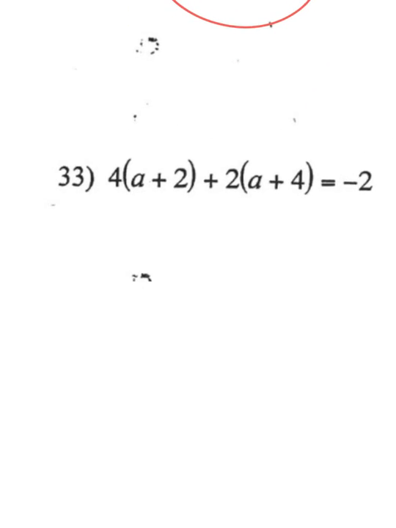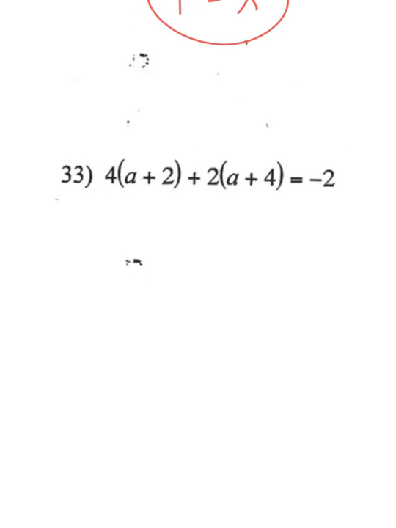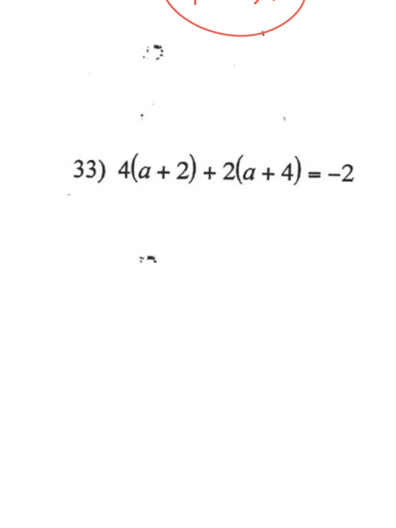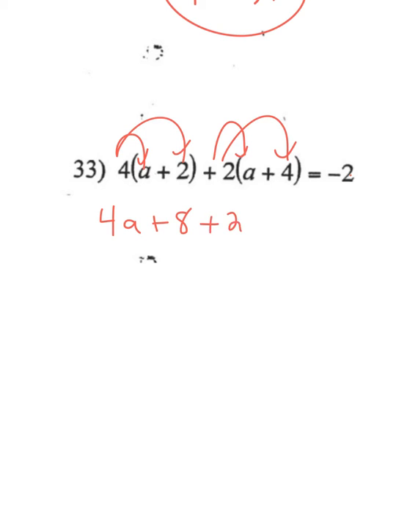Okay. Here we go. Remember, I'll show you how to check these more tomorrow. Okay. Distribute. Oh, look at all positive values except for that last one. So 4a plus 8 plus 2a plus 8 equals negative 2. Here's my equal sign.